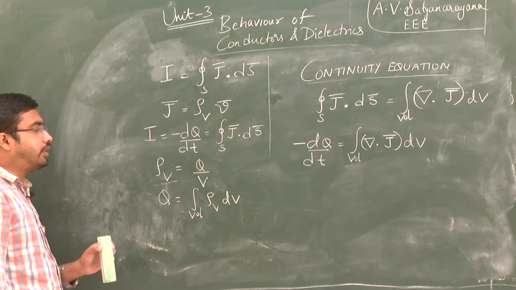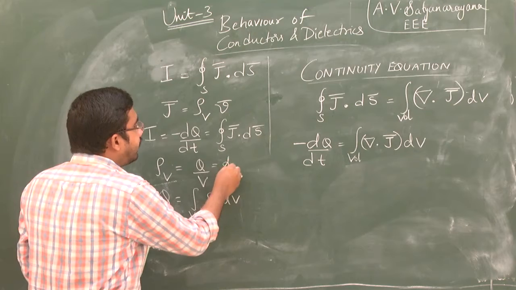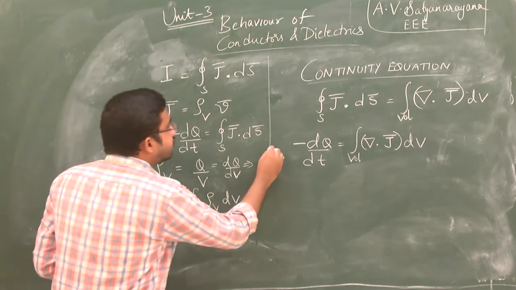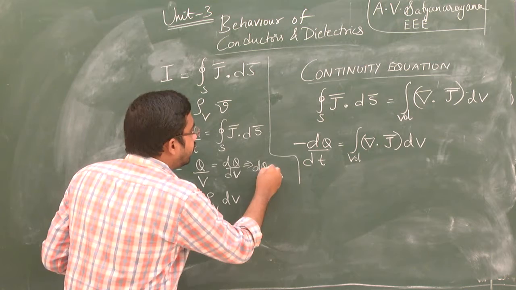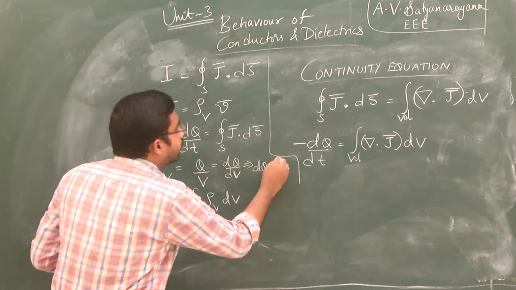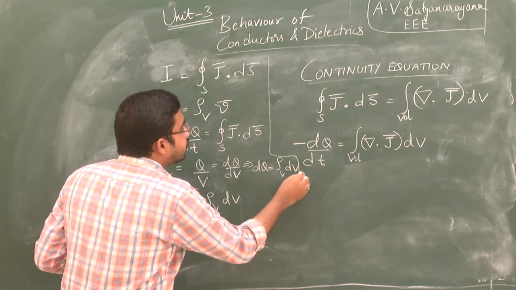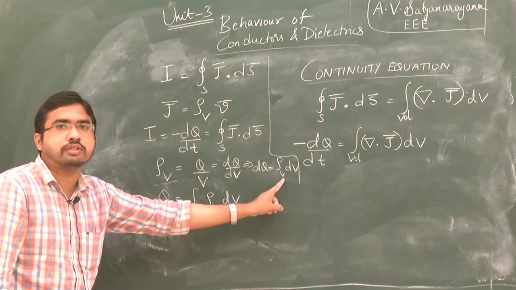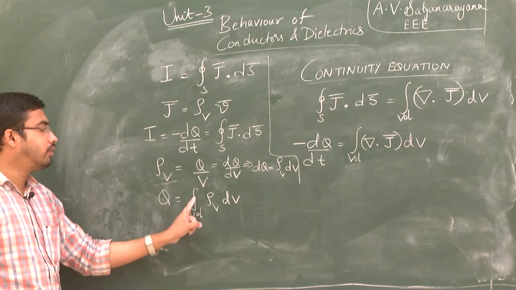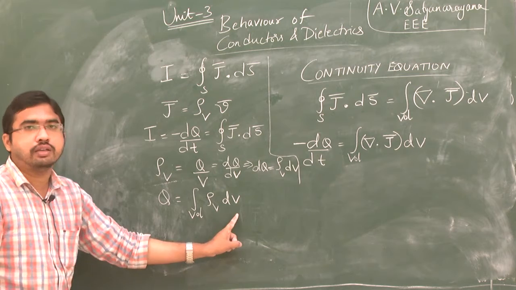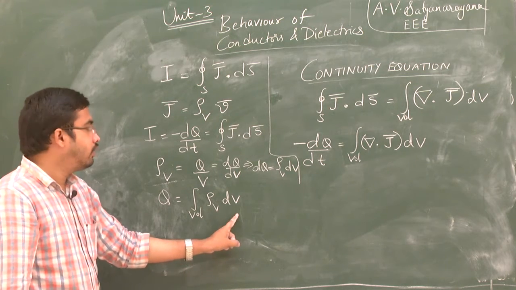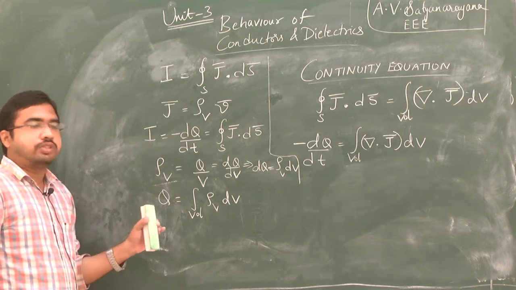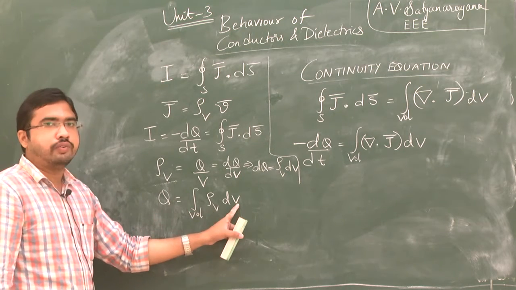Here dq is equal to rho v dv. If I want the complete charge q, then integrate on both sides, and you will get q equal to the volume integral of rho v dv. So in the place of q, what can I substitute? The volume integral of rho v dv.